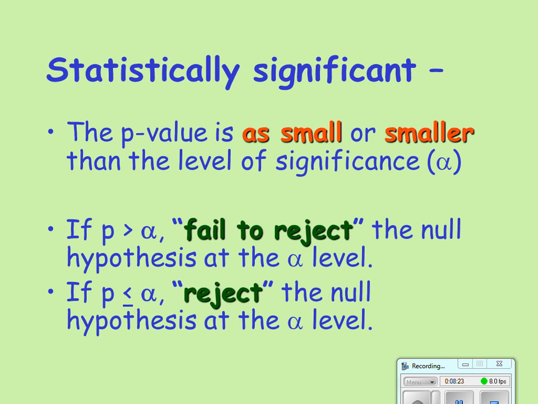When you reject your null hypothesis, that's stating that your alternative hypothesis is valid. So the only two things you're allowed to say when you're making your decision are fail to reject and reject.